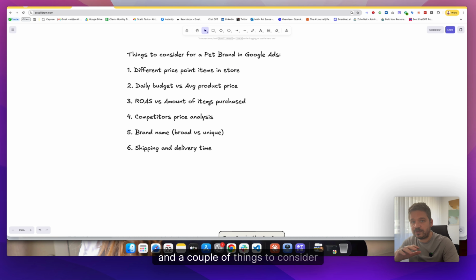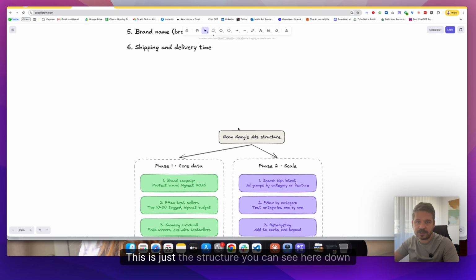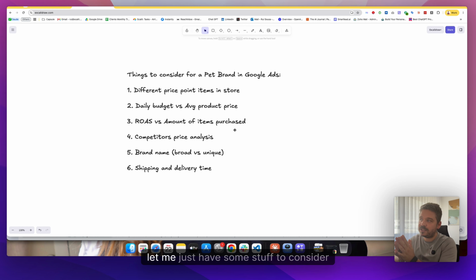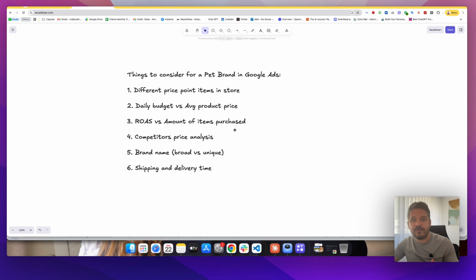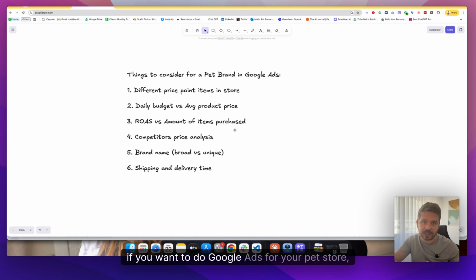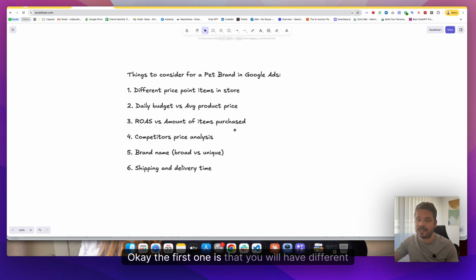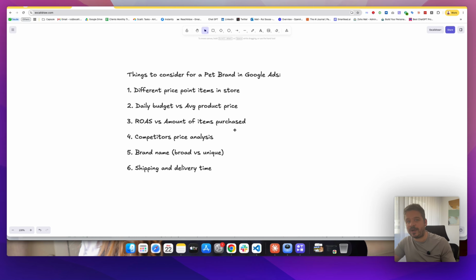A couple of things to consider before we go in. This is just the structure you can see here down below. But before we go to the structure, let me share some things to consider for your pet brand in Google Ads. The first one is that you will have different price point items in the store.